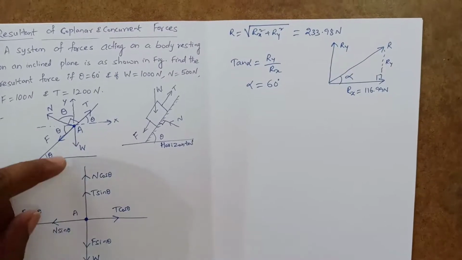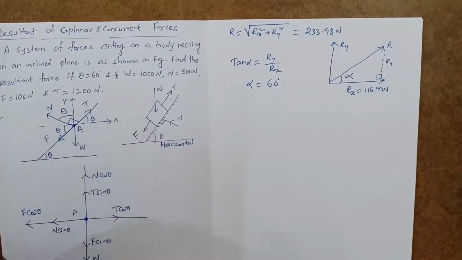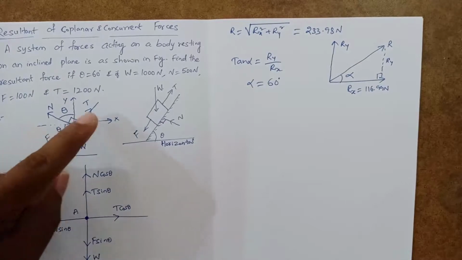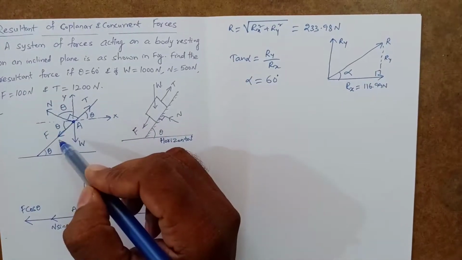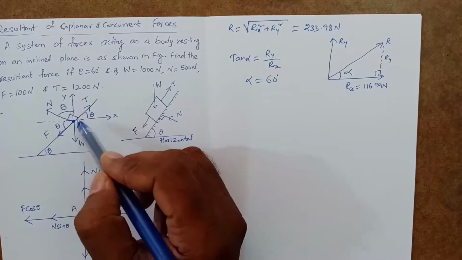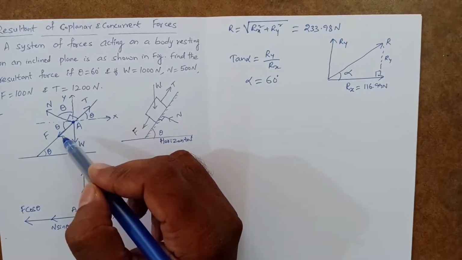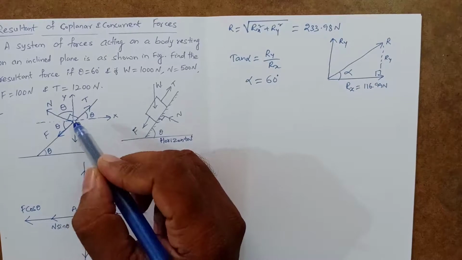See, in this case, with respect to x and y axis, we have T, N, W, and we have resolved these three forces along x and y axis. Only W is acting along the y axis.